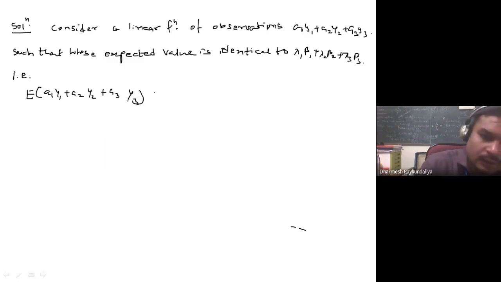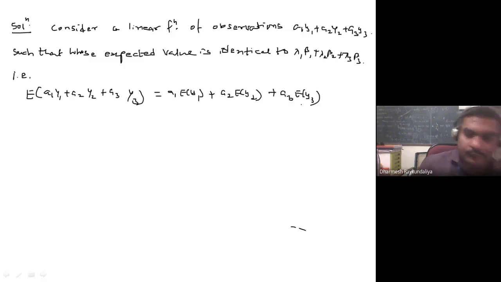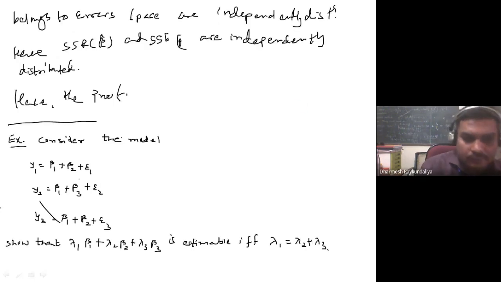Take a1 outside, expected value of y1, a2 outside, expected value of y2, and a3 expected value of y3. But what is y1? y1 is beta 1 plus beta 2 plus epsilon 1. But we know that in linear models the mean of epsilon 1, epsilon 2 and epsilon 3 is 0. So expectation of y1 is beta 1 plus beta 2, y2 gives beta 1 plus beta 3, and y3 gives beta 1 plus beta 2.